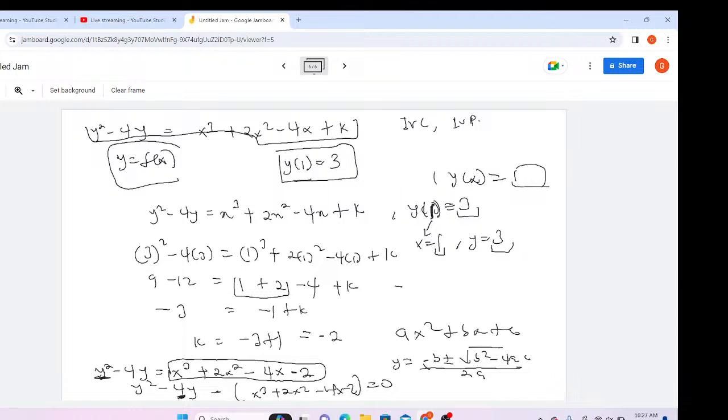So 4 plus or minus root of b squared, our b is negative 4, so 16 minus 4 times our a, which is 1, the coefficient of y squared.